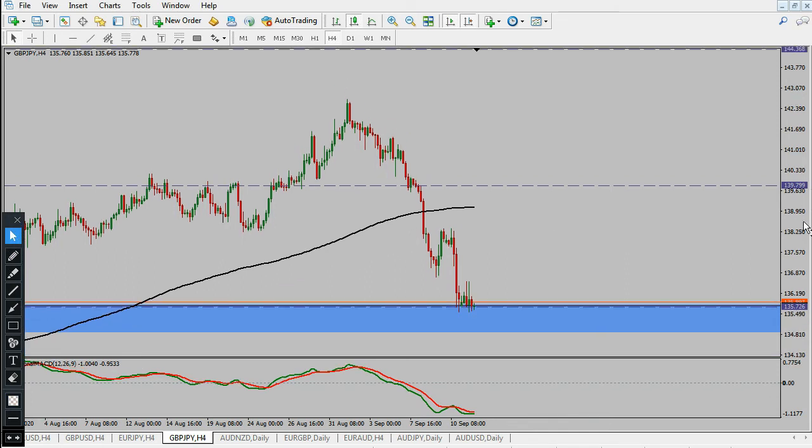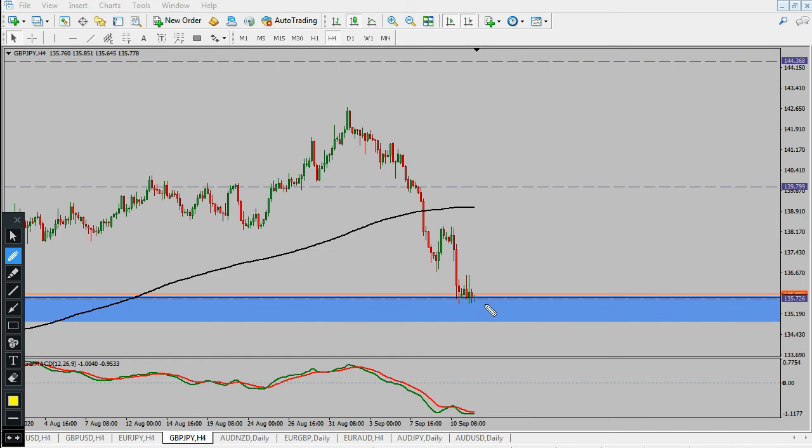Price is now hovering around this strong weekly and monthly support. If price breaks this area with a strong impulsive move, then we might see some further downward moves.